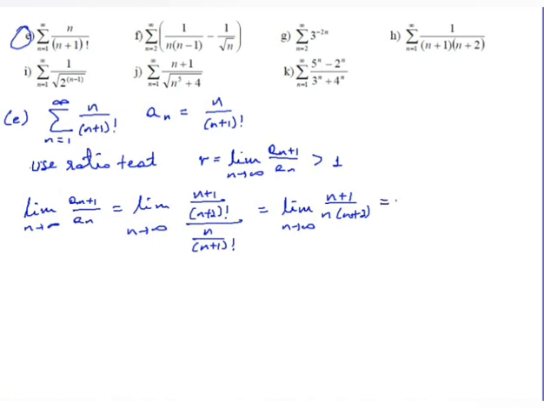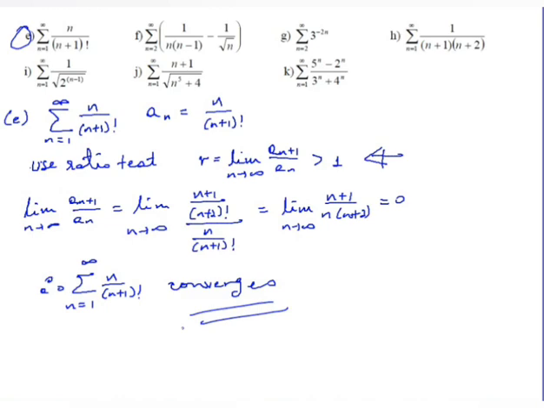So this is 0. So by using the ratio test, the series n over (n plus 1) factorial, n starting from 1 up to infinity, converges. It's convergent.